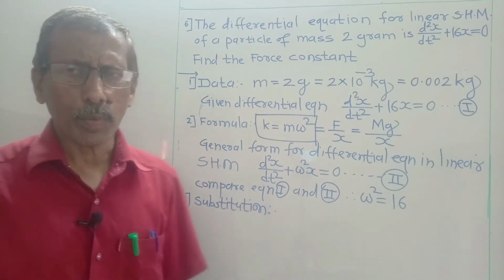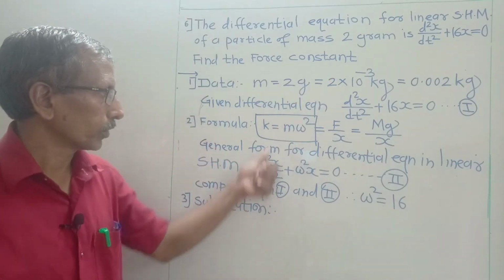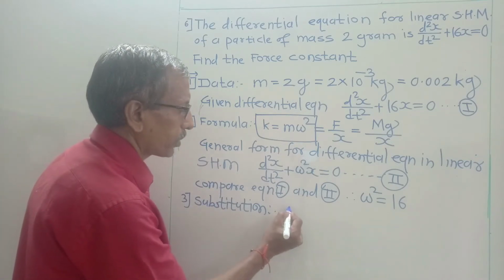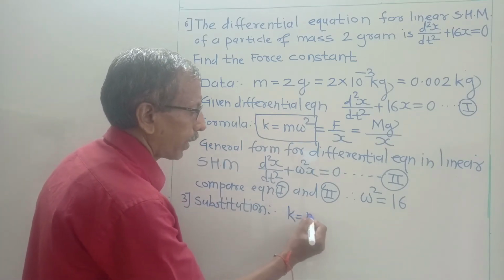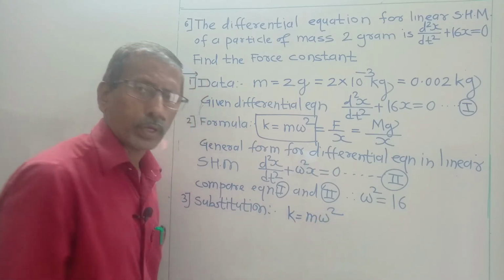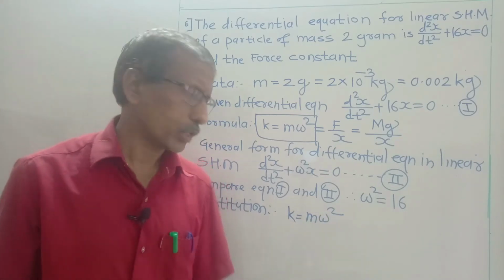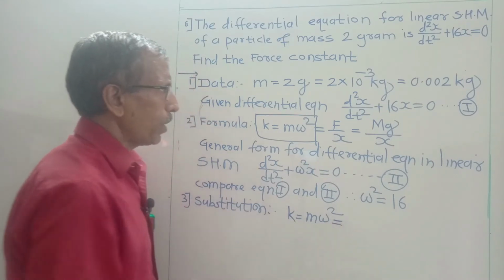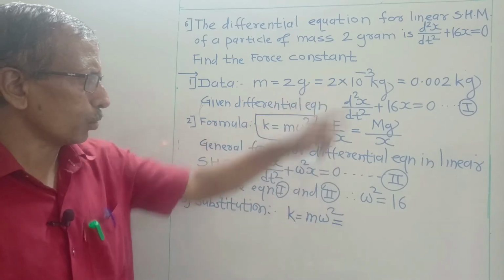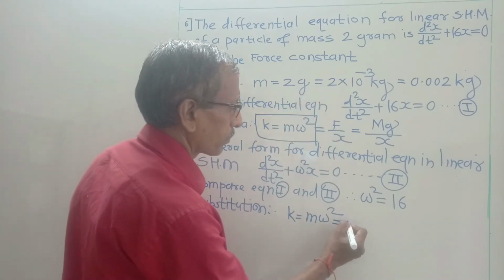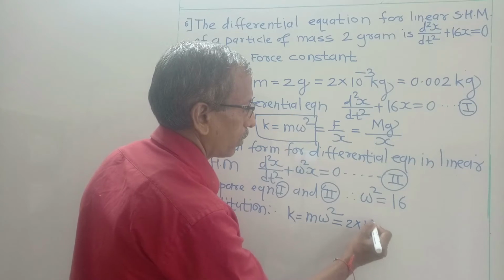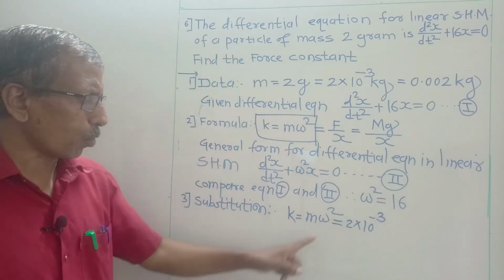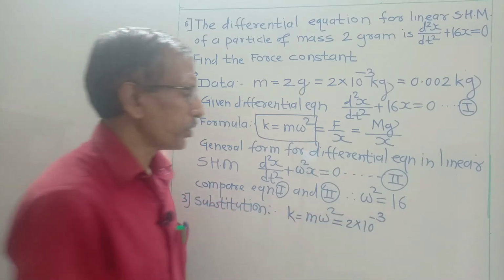Substitute the value of omega square in the formula K is equal to m omega square. So K is equal to m omega square. What is the value of m? The value of m is 2 into 10 raised to minus 3. What is the value of omega square? 16.